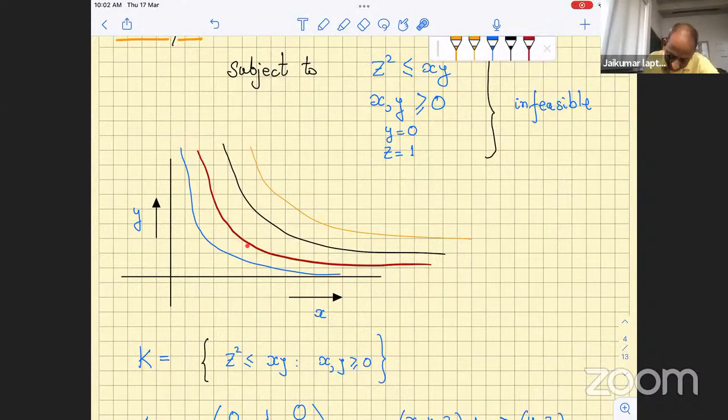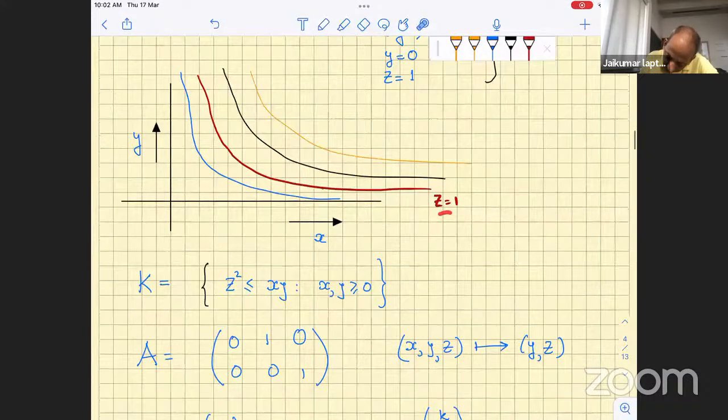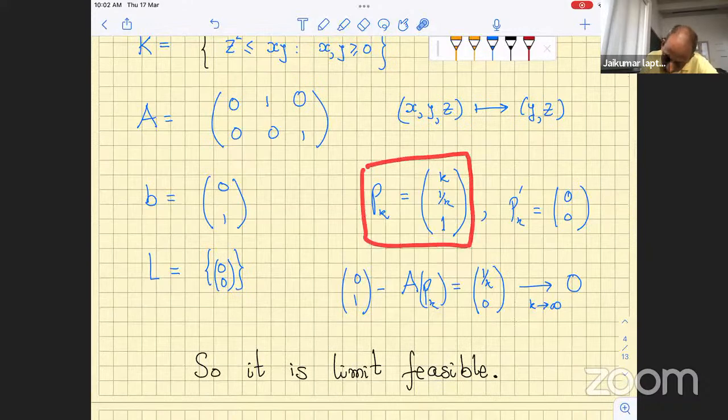This is at z equals 1. So it is raised above the paper. So what does a typical point on this line look like? Well, x takes a value k, y takes the value 1 over k, and z takes the value 1. Okay. So a typical point looks like this.